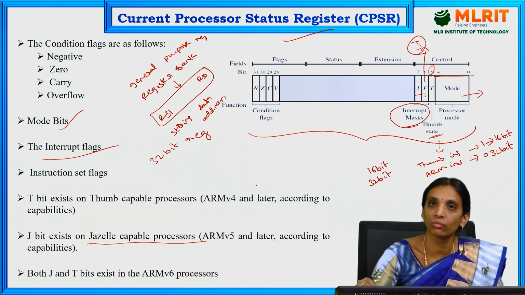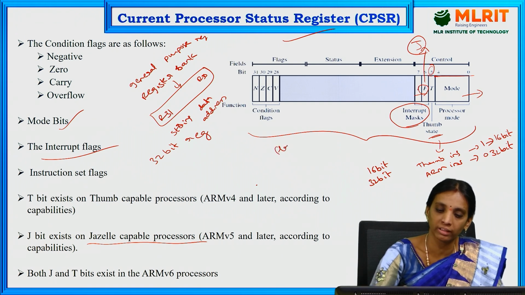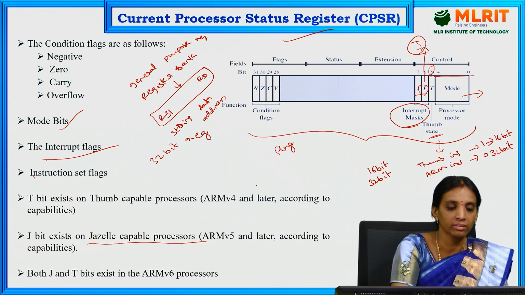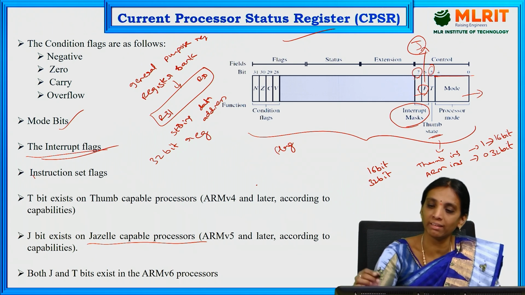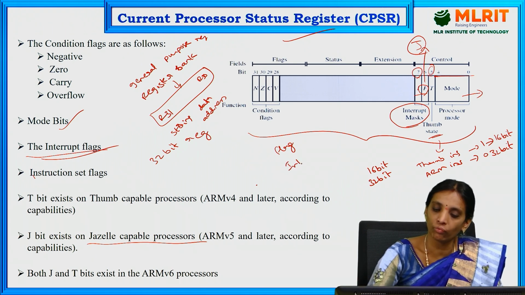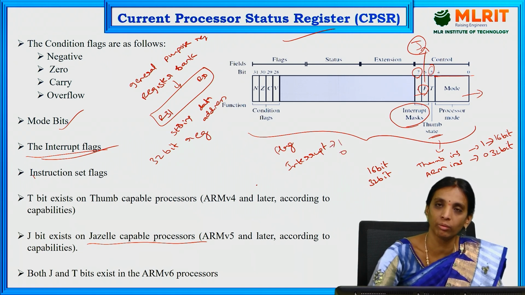In the starting versions of ARM, we have the F bit, which is used for indicating the flag register and interrupt flags. The 7th bit is the interrupt flag, which is used for indicating the interrupt for the processor. When any interrupt is enabled, this bit will be high, otherwise it will be 0.